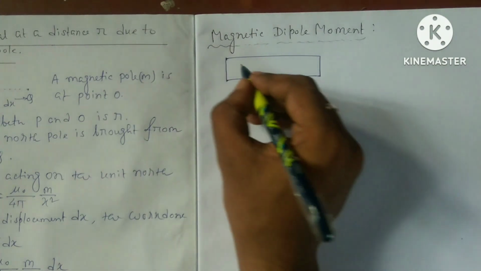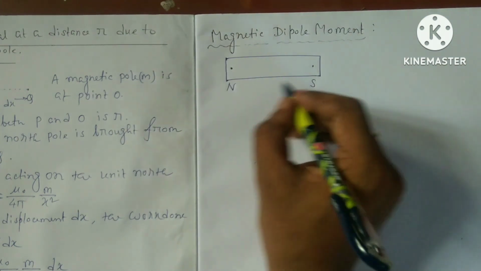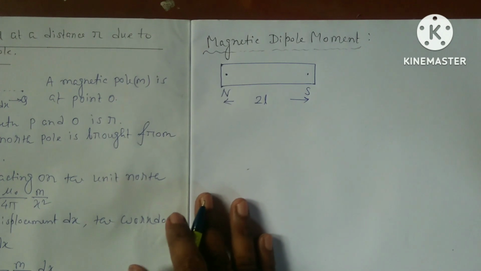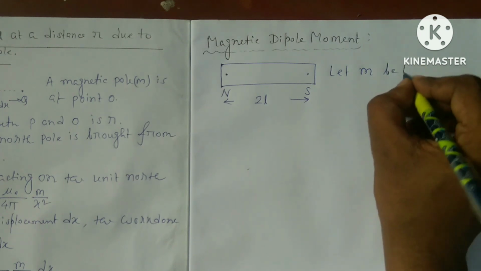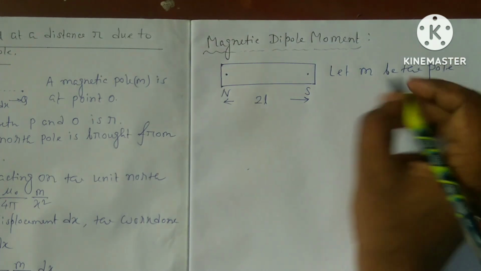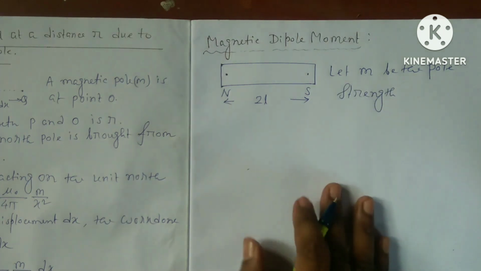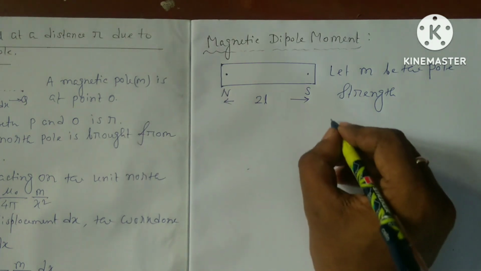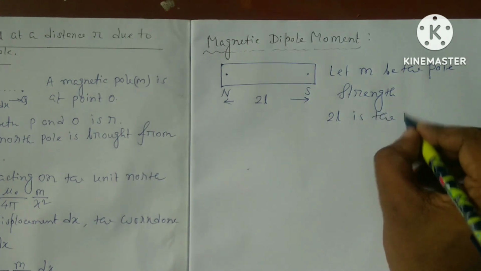This is N and this is S. The distance between N and S is 2l. Let m be the pole strength, and 2l is the magnetic length.